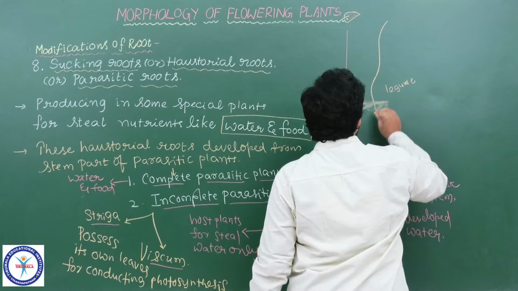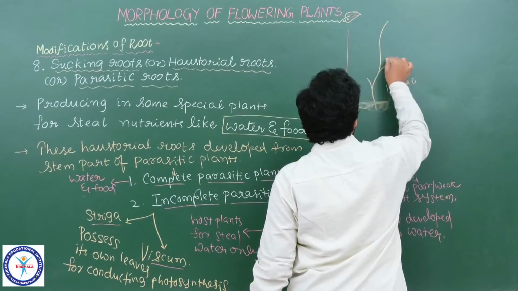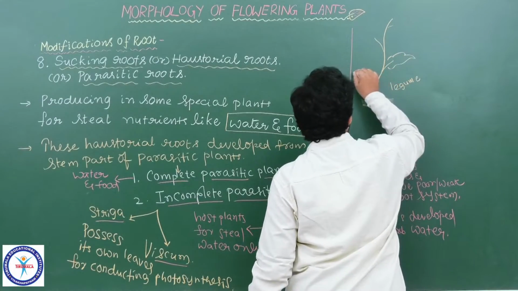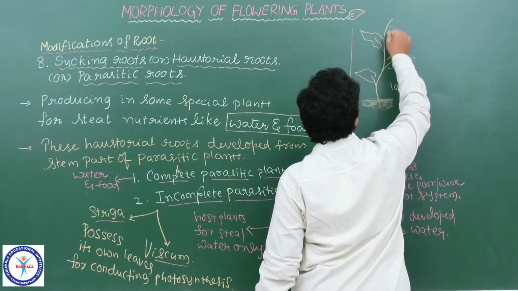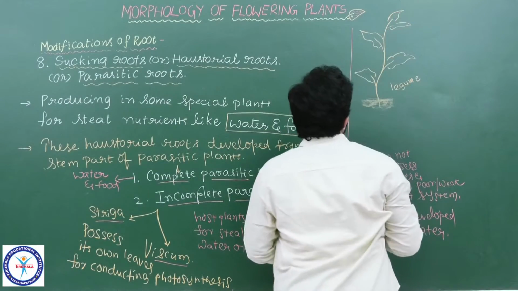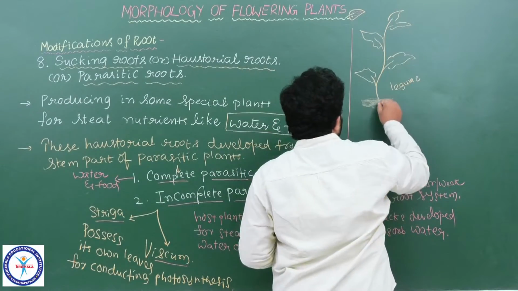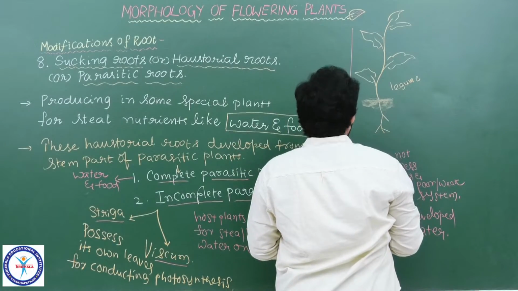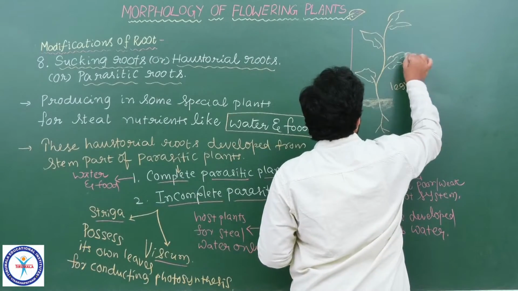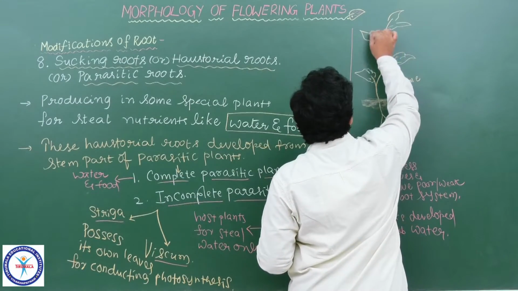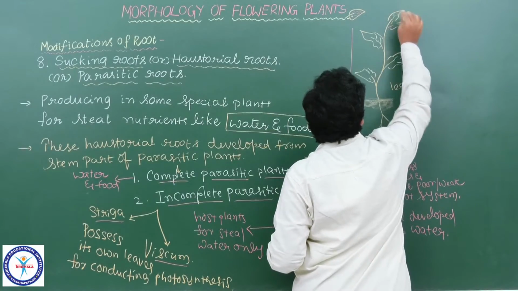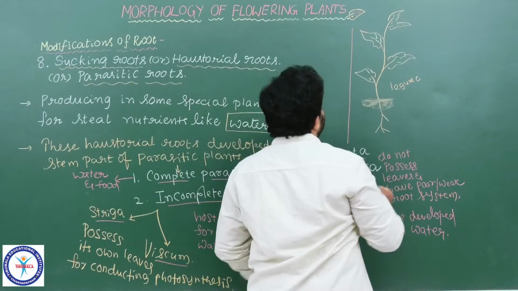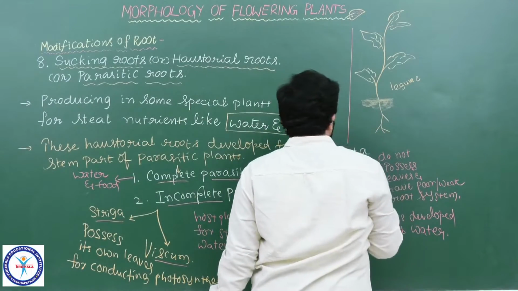Suppose you think of it as an individual, independent plant. They prepare their own food. But this food and water is stolen by complete parasitic plants like Cuscuta.